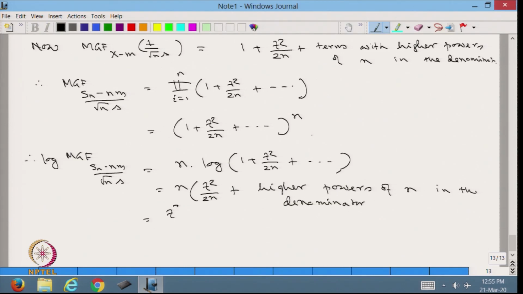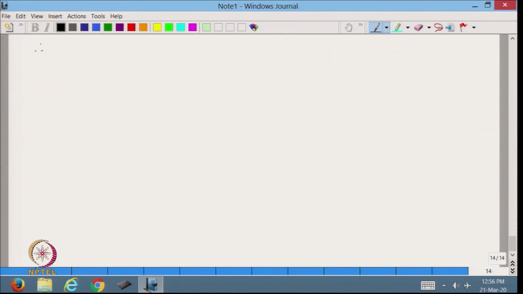This is equal to t square upon 2 plus terms with powers of n in the denominator. Therefore, as n goes to infinity, the log of the moment generating function of Sn minus Nm upon root over Ns converges to t square upon 2.